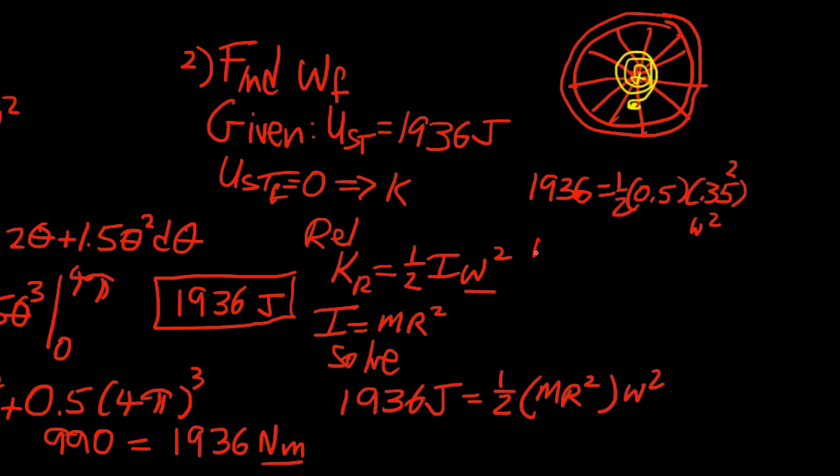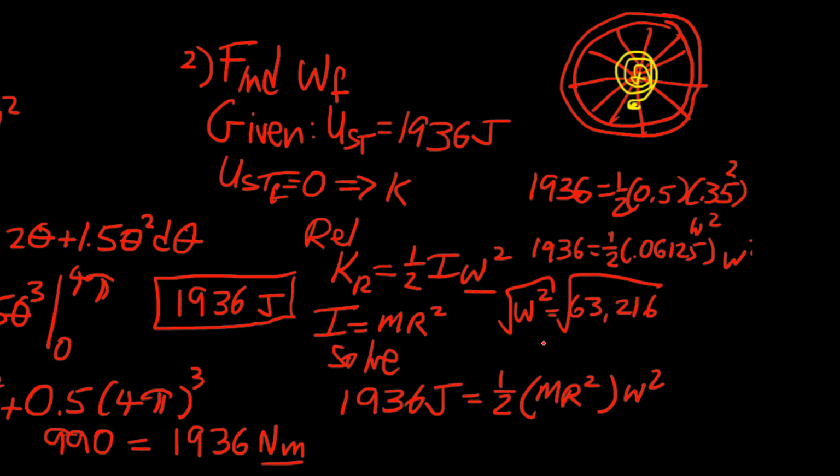So 1936 is equal to 1/2 times 0.06125 omega squared, which tells us that omega squared is equal to 63,216. Take the square root of each, and our omega is equal to 251 radians per second. What does that work out to be? Divided by 2 pi, that's about 40 rotations a second.